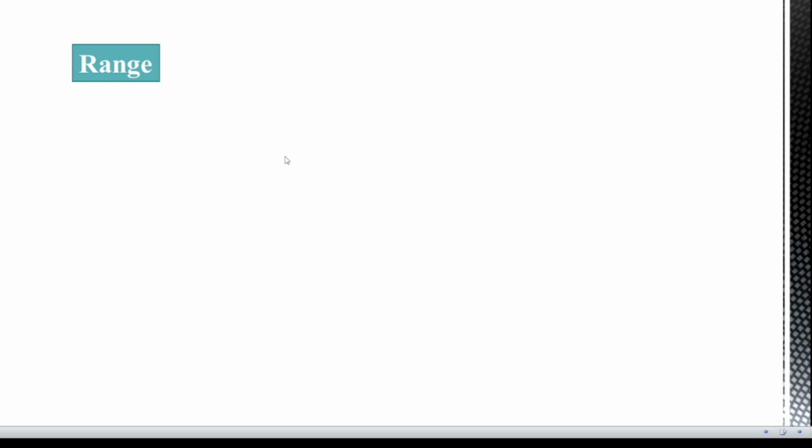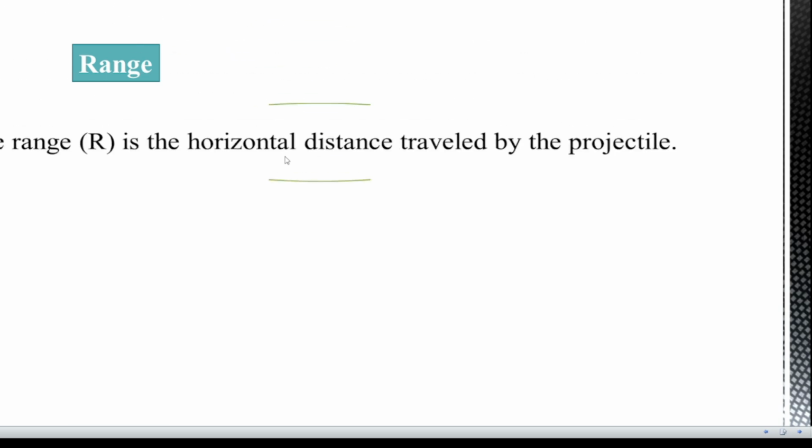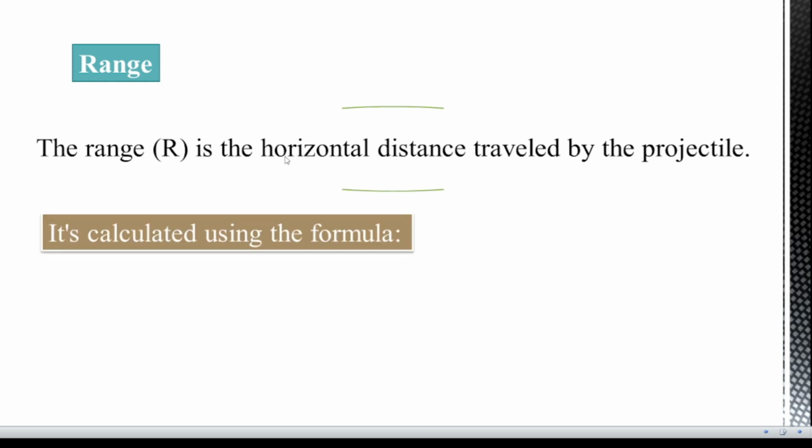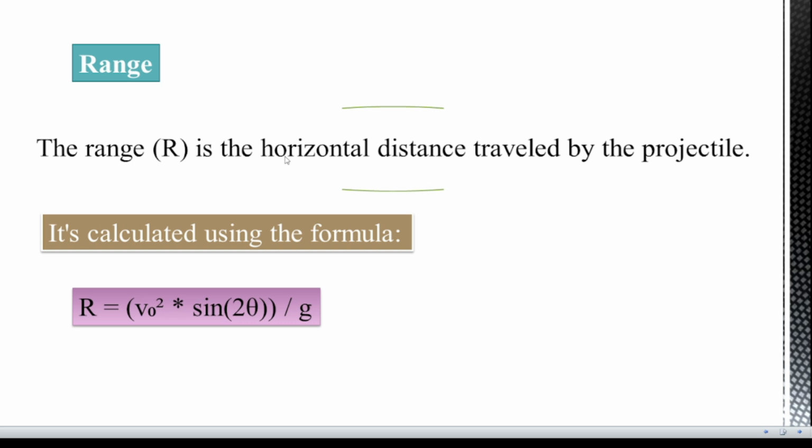Correct. If so, now we are at the right moment to calculate the exact value of range. The range, as I said, is the horizontal distance traveled by the projectile. It is calculated using the formula, and then we will find this value. But bear in mind, we already found the total time, that is twice v naught sine theta over g.